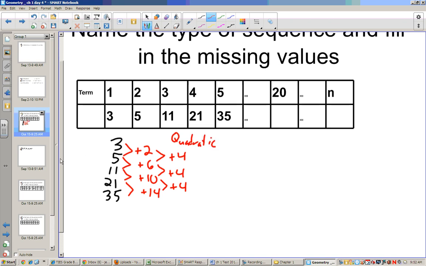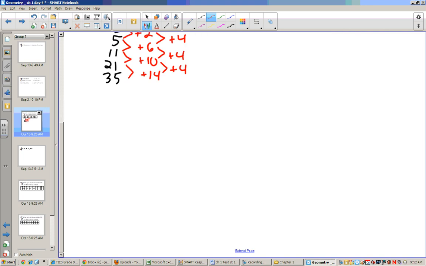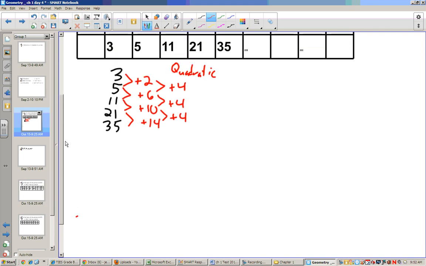So now I want to look at how I can use finite differences in order to solve this for the explicit formula. Now I'm going to make a table like this, but I'm going to do it algebraically. Now you know that this is term 1, term 2, term 3, term 4, and term 5, and so on. And our goal is eventually to find the explicit formula, which is our nth term.